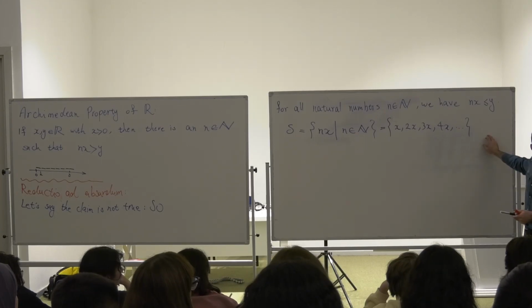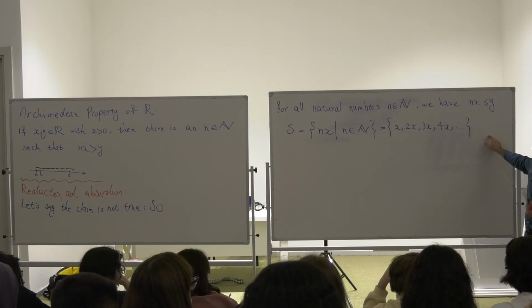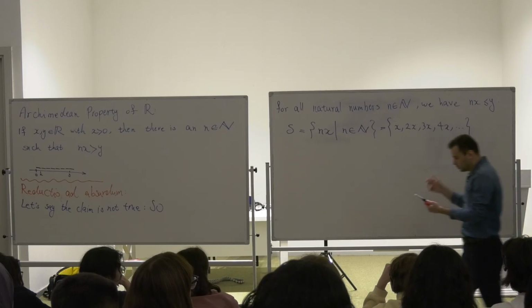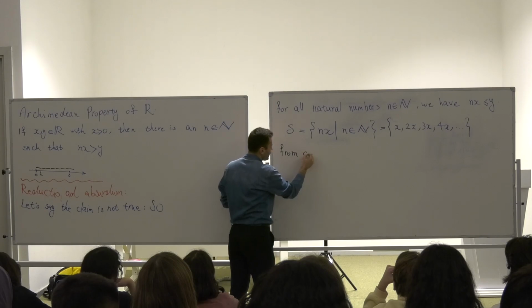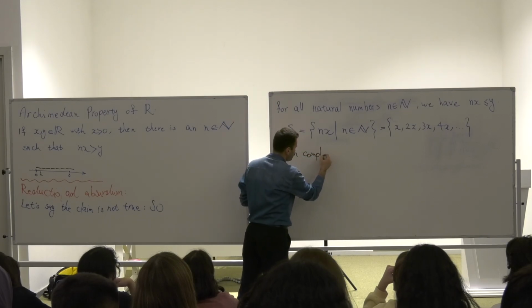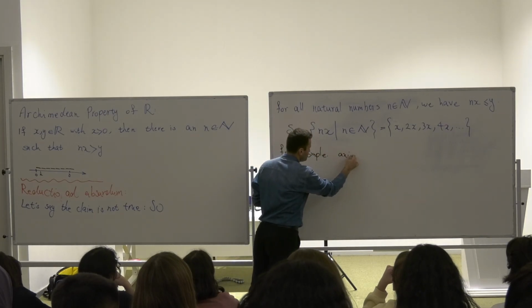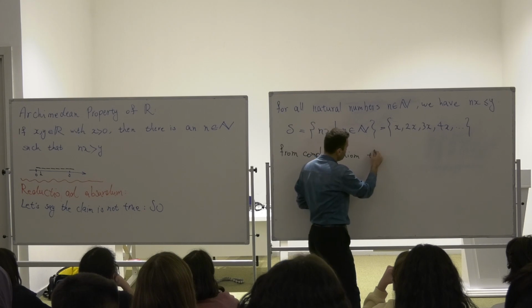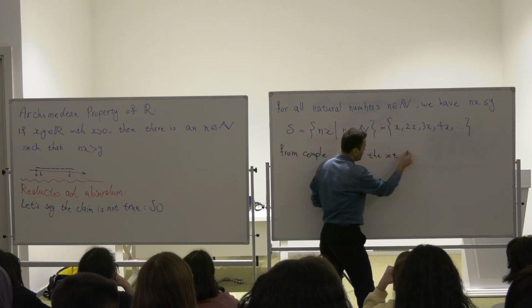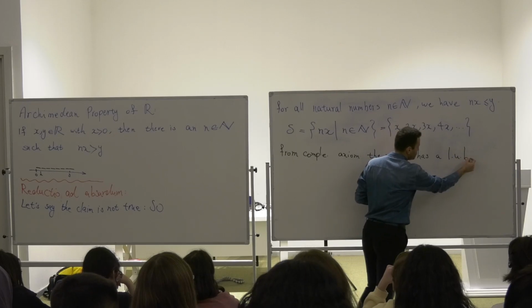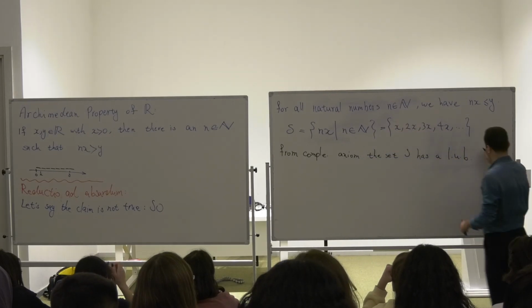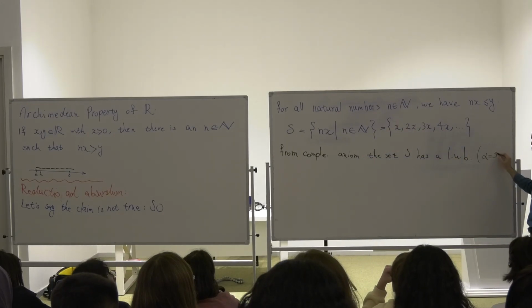This set has a supremum, right? This set has a least upper bound property. Okay? So from the completeness axiom, this set S has a least upper bound. Let's call that least upper bound, or supremum, of this S the number alpha.